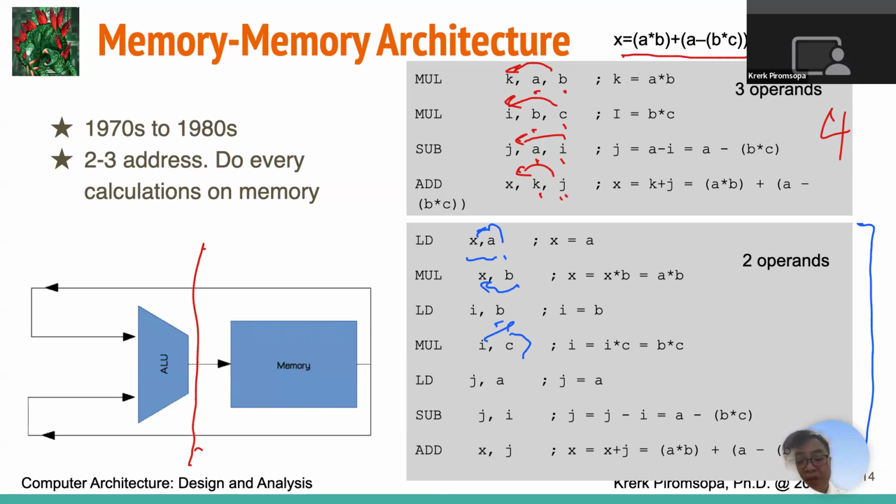So how many instructions then if you only support 2 operands per instruction? 1, 2, 3, 4, 5, 6, 7 instructions. Still better than the accumulator machine and the stack machine. So with this kind of architecture, we can minimize the number of instructions.